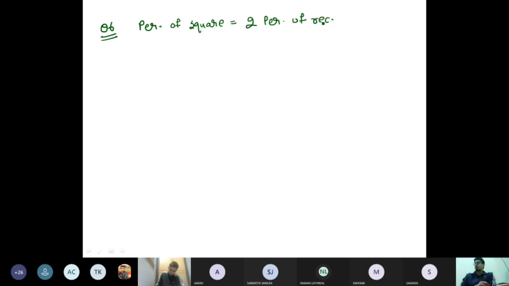Okay. So what we have to do, we have to take a square and a rectangle. This square I am taking, and this is the rectangle that I am taking. This is the side of the square.